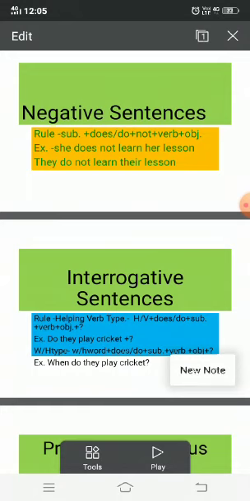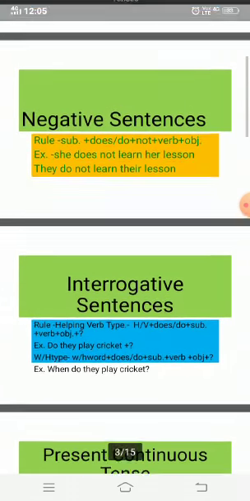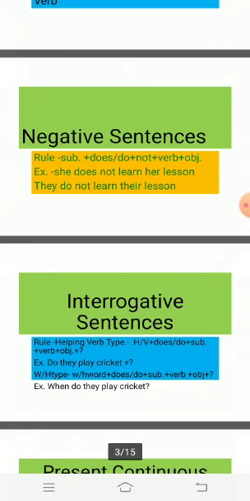When we are solving interrogative sentences, as you know, there are two types of interrogative. First, starting from helping verb, and second, WH word.